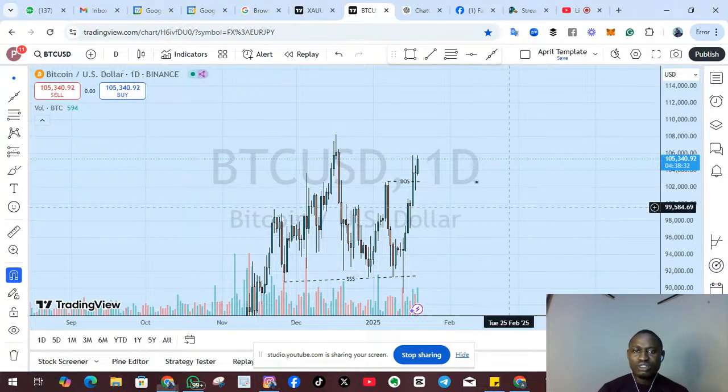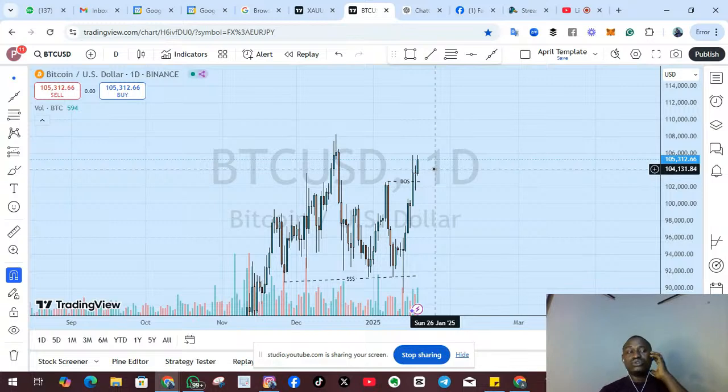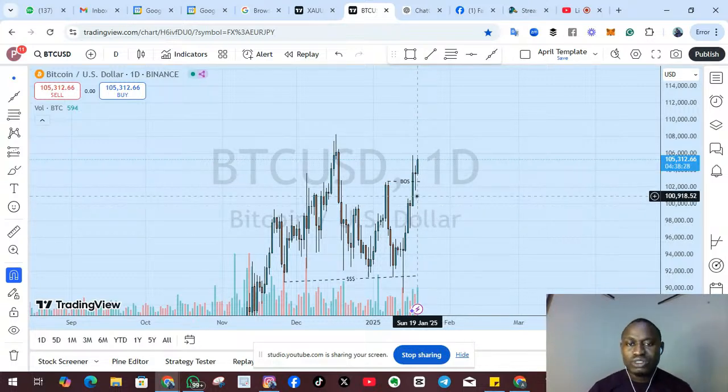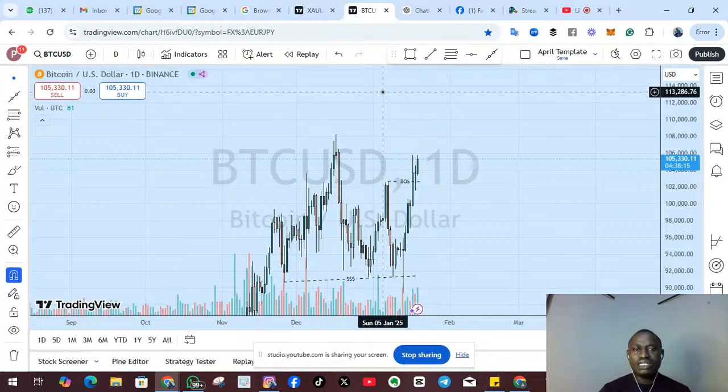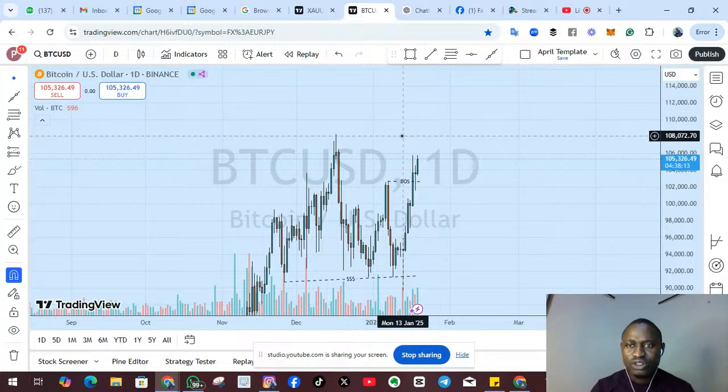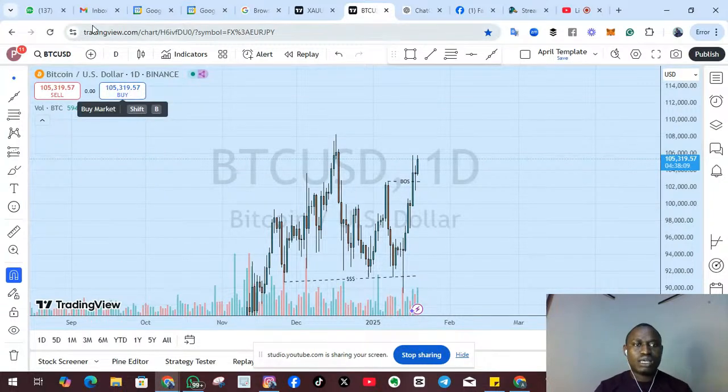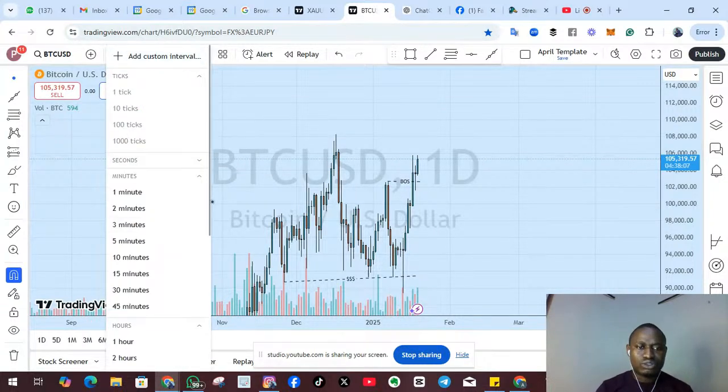Market comes into the structure to take more liquidity somewhere around there or somewhere below, just the discount area. Market comes into that discount area, takes liquidity, then aims for here, the all-time high. We are just 3,000 away from the all-time high. So let's get into 4 hours.